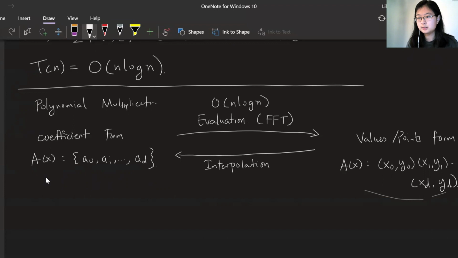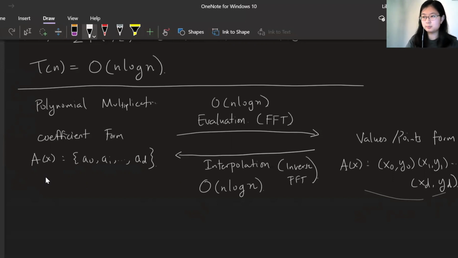So this is inverse FFT. But if you read the textbook, this is basically the same algorithm, just taking the inverse of the matrix we're multiplying by. I won't go into too much detail here, but this is also O of n log n.